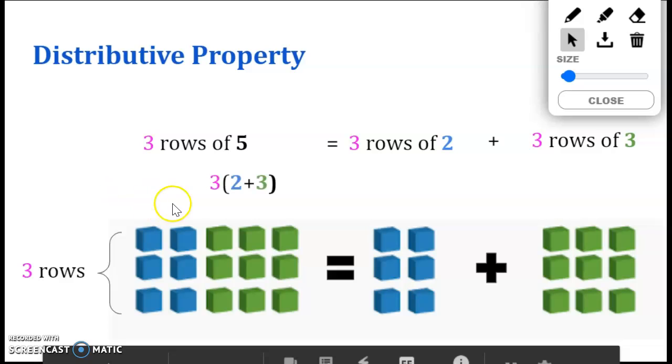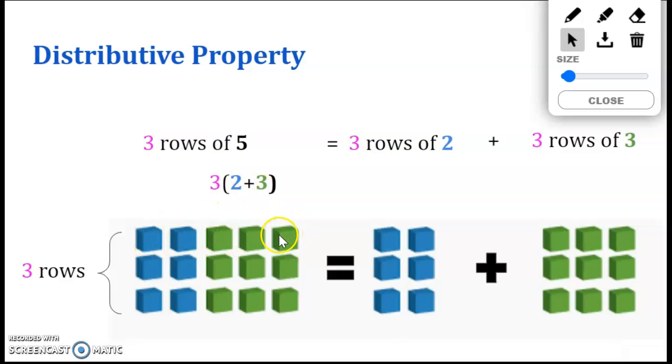Or algebraically we can say 3, that's the 3 rows, of 2 plus 3. You have 2 blue and 3 greens. 3 times 2 plus 3 is the same as 3 times 2 plus 3 times 3. Okay, so this is where you know that this is true.